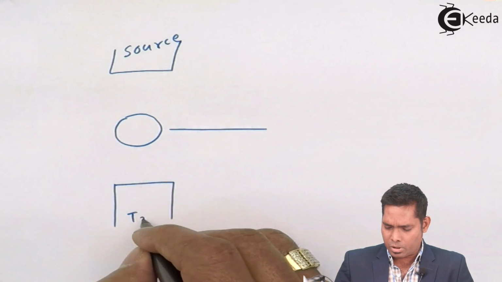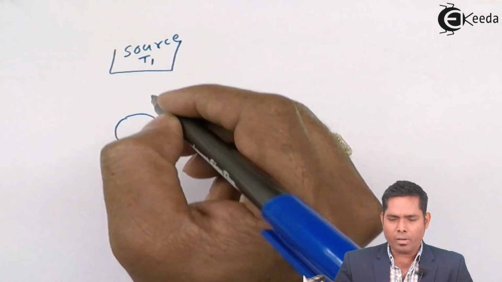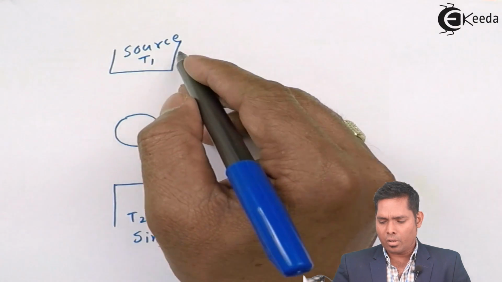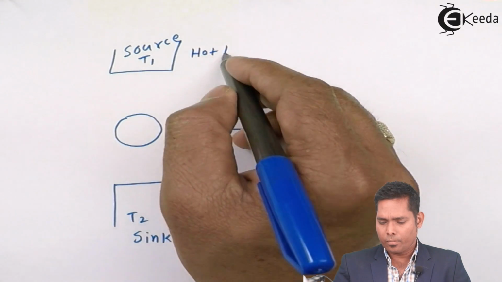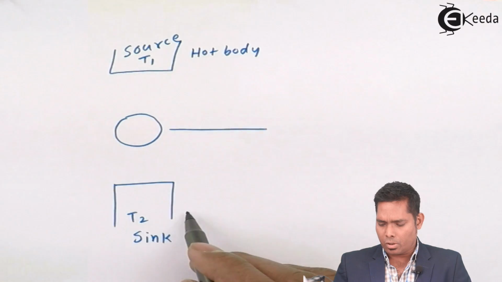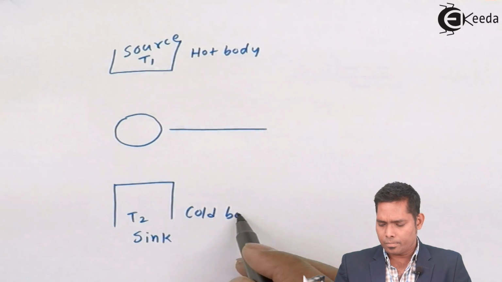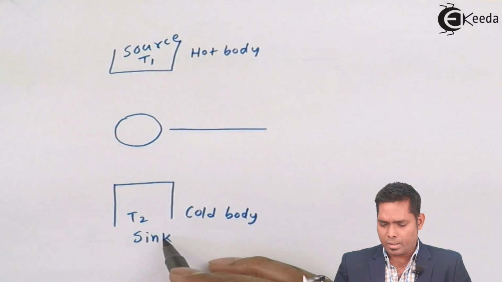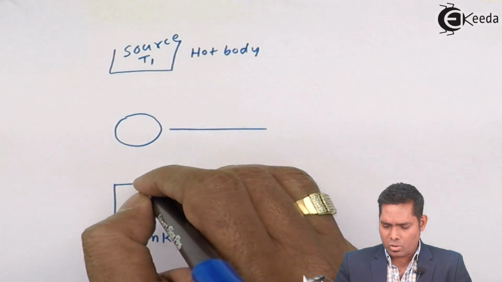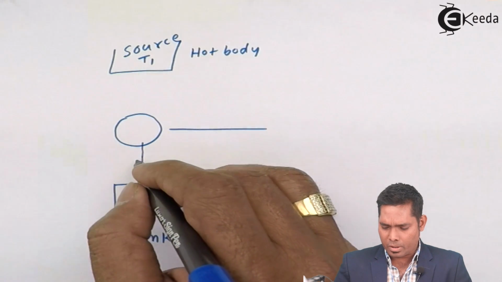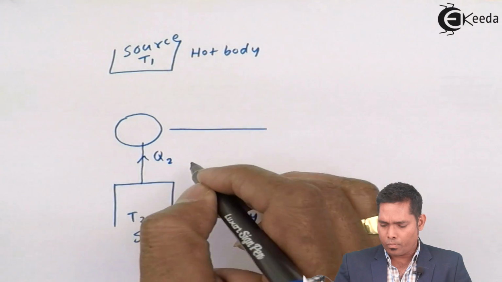Here the sink temperature is T2, the source temperature is T1, always higher, the hot body. This is the cold body at low temperature. The heat is taken from the sink body at low temperature, and that heat is Q2.